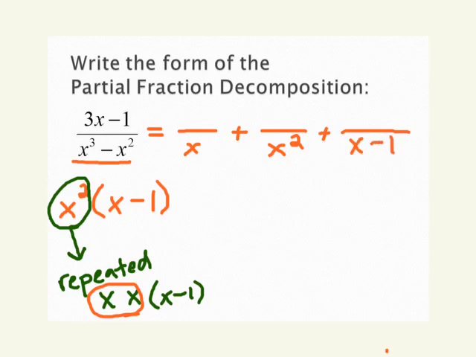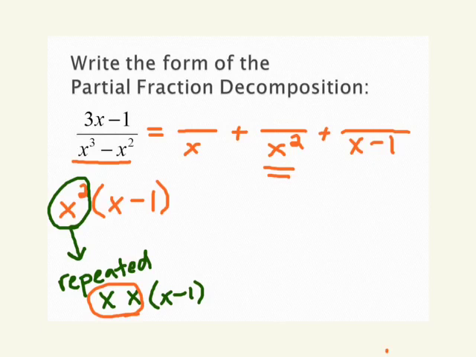Now, as I look at these, remember we need to consider their denominators and what their denominators are representing to help us set up the numerator. Remember, x squared we're not considering quadratic, we're considering it repeated. So even when I look at x squared in the denominator of my partial fraction decomposition setup, that's still considered linear, not quadratic.